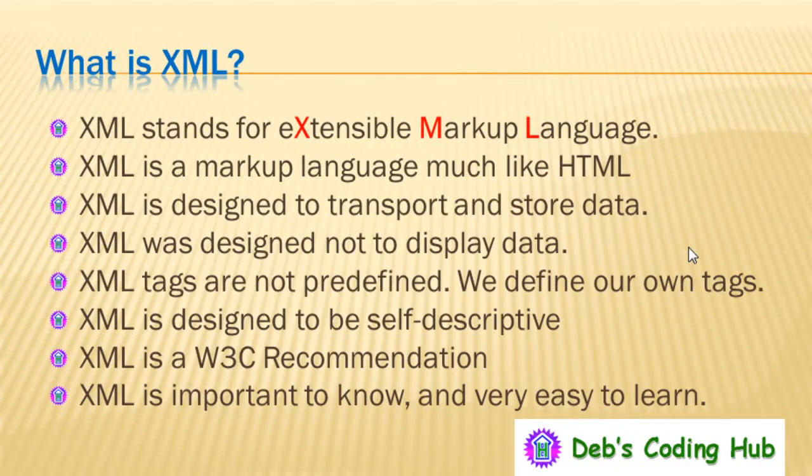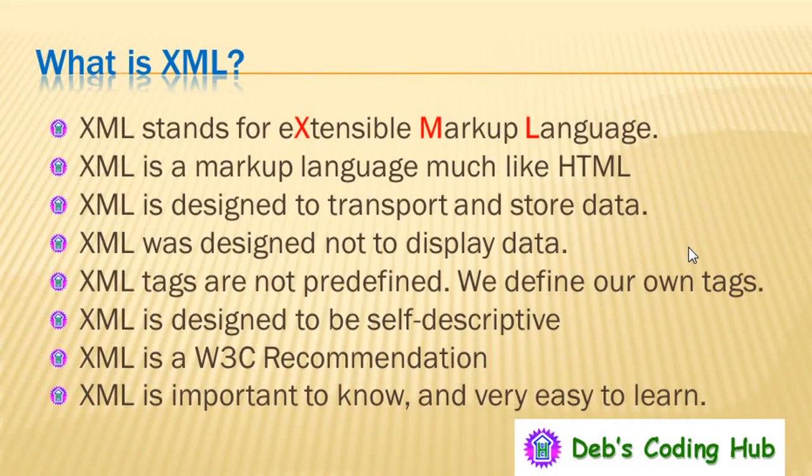The purpose of XML is to store and transport data. It was not at all designed to display data. The tags are not predefined in XML. So unlike HTML where tags are predefined, XML tags are not predefined.